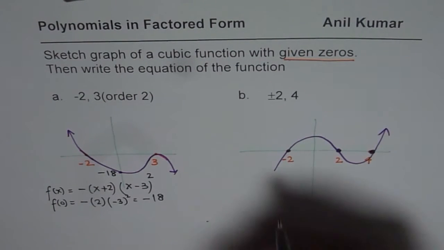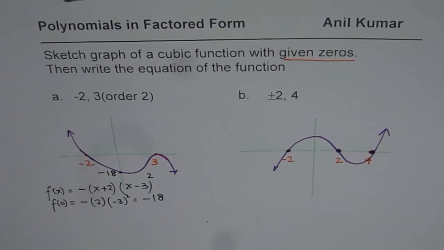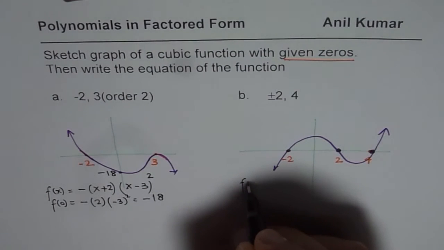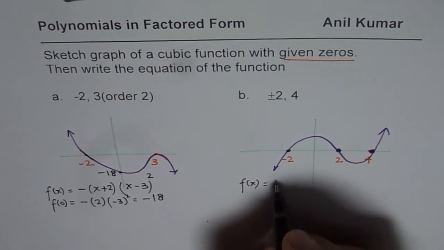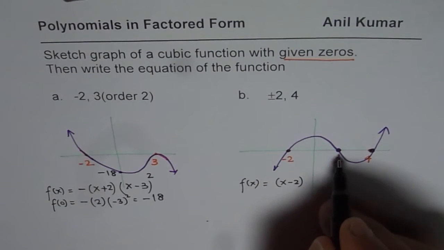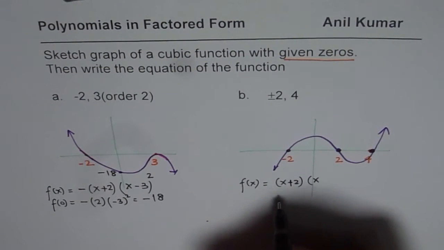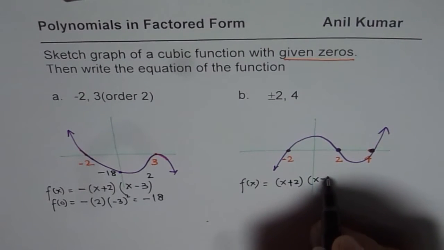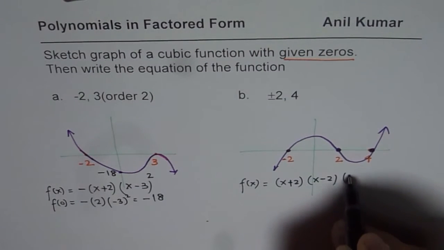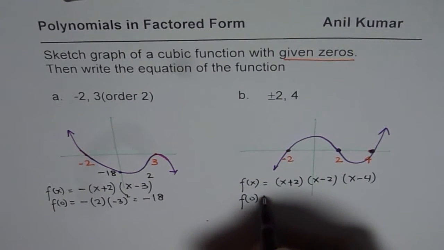So we do get the function, and we can write this function as f of x equals x plus 2, that is the first zero, x minus 2, this zero, and x minus 4, the next zero. And let's find what f of 0 is.